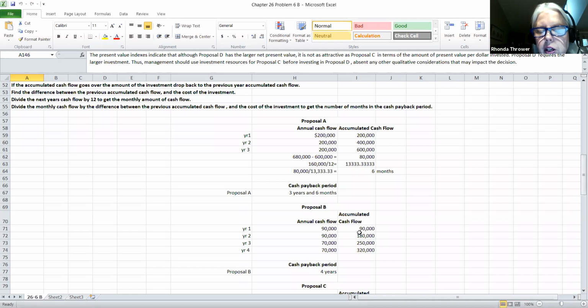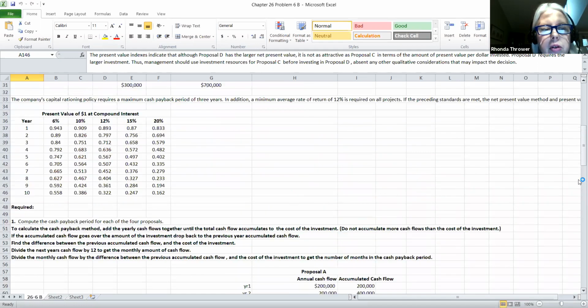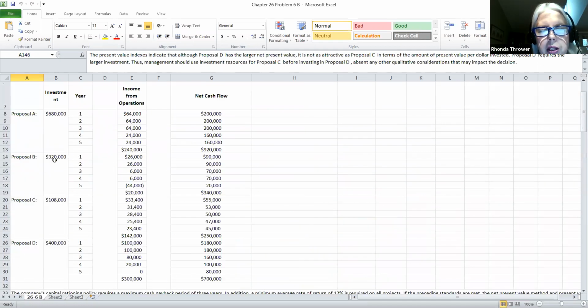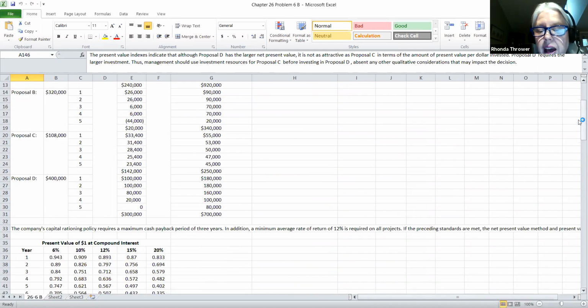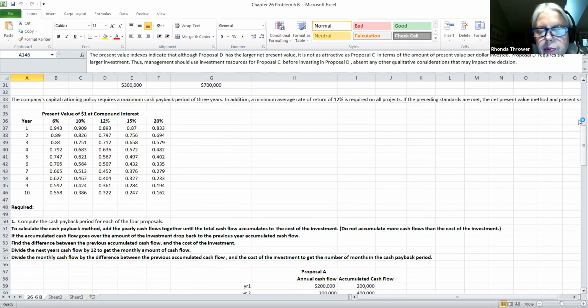At the end of year 1, I would have accumulated $90,000 in my cash flow for that year. $90,000 does not recover the full amount of $320,000. So we're going to pick up the next year's cash flow, which again just happens to be $90,000.